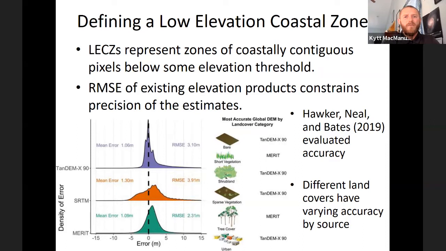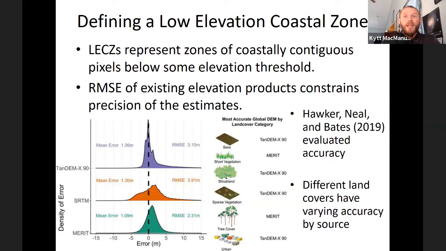In future slides, I'll get into a little bit more of what that means, but we want these elevation pixels to be connected to the coastline. If there's some inland area where there's a very low elevation, like Death Valley in California, that's not something we want to necessarily include as a low elevation coastal zone. So the proximity to the coastline and the connectivity is really the key to what this term means.